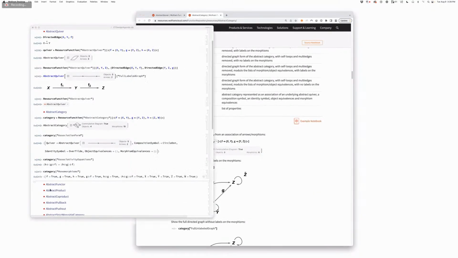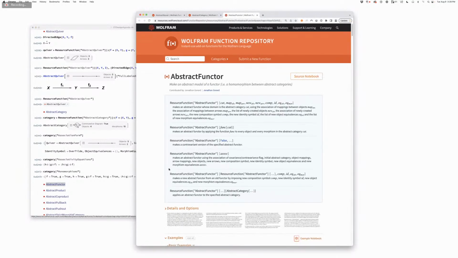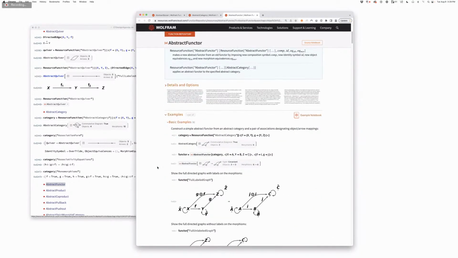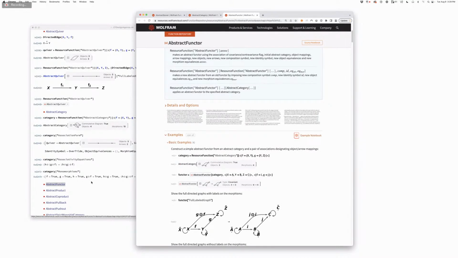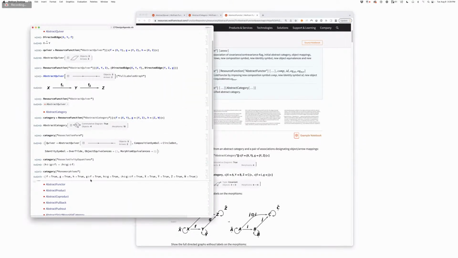So this is a totally random question, but the composition, I'm not sure what symbol you're using, the circle dot thing. Is there a reason why you don't use a Vararg's form of it, given that it's associative? Well, it's because I want to have the associativity equations as an actual property. I don't know enough about when this would be used to understand when that would be useful, but sure.